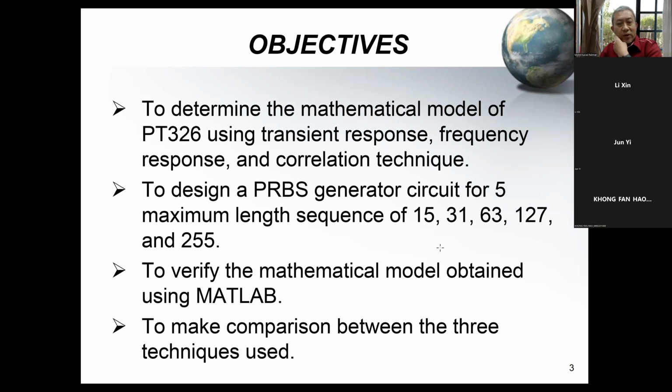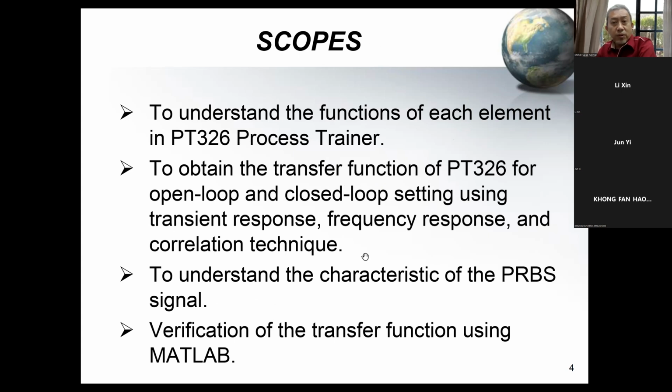Then we verify the mathematical model obtained using MATLAB software, and make a comparison between these three techniques. Before we do the experiment, we must understand the function of each element of the process trainer.